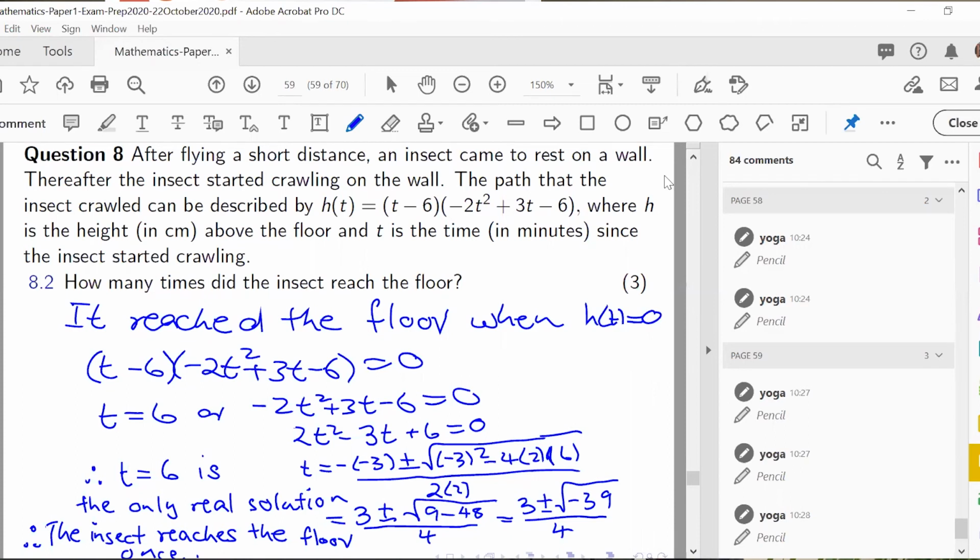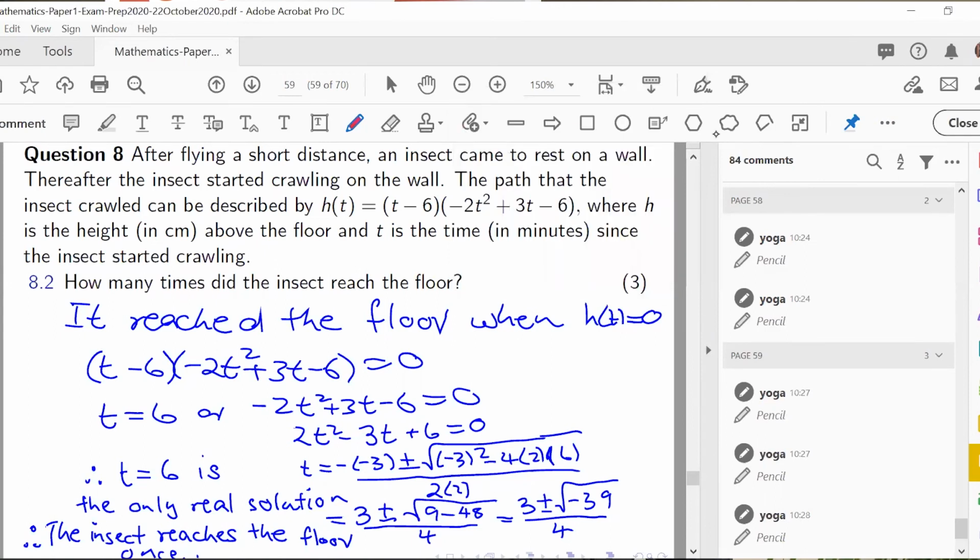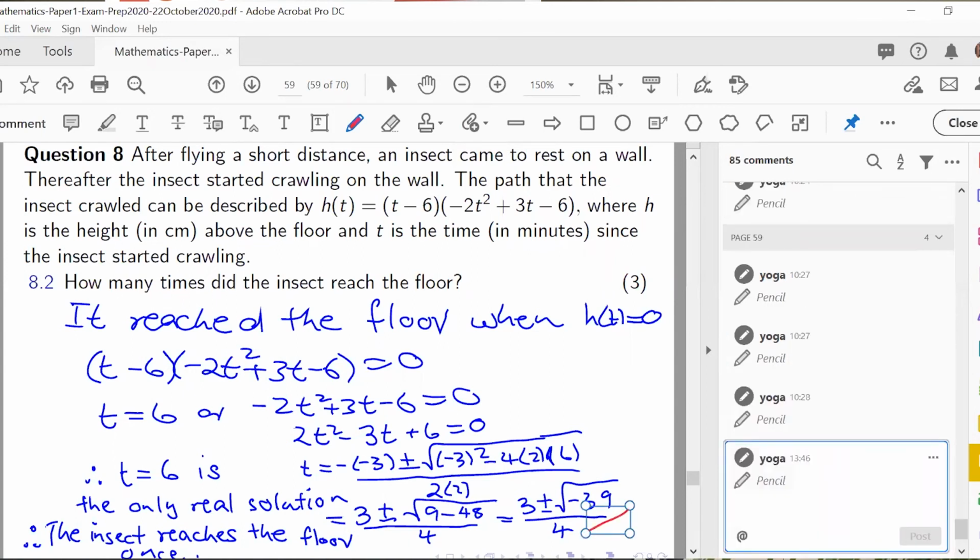Now, the first value that we obtain there is t equals 6. To get the other values of t, we solve the quadratic equation by using the quadratic formula. What we realize in using the quadratic formula is that the answer that we obtained here was not real, because the square root of negative 39 is not a real number, but it is imaginary.